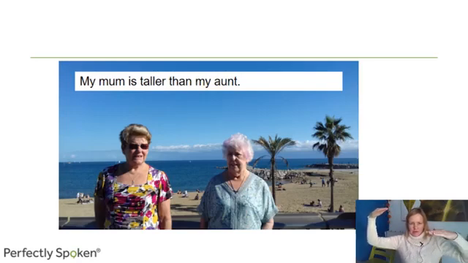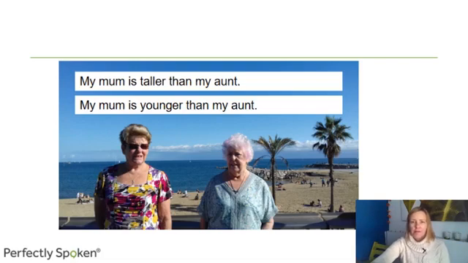So my aunt is here and my mum is here. And my mum is younger than my aunt. Now this is true because my mum is 74 and my aunt is, I think, 81. So there's definitely a difference in the age. So my mum is younger than my aunt.